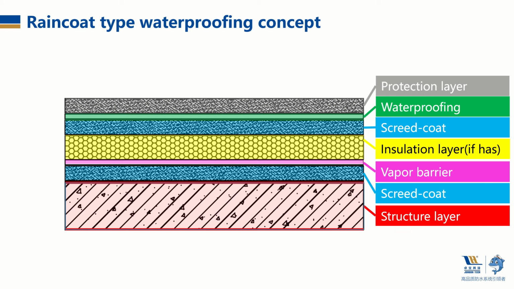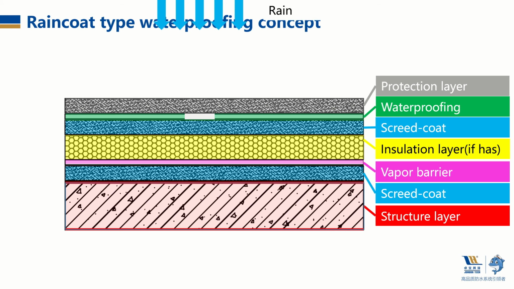Technically, the waterproofing layer can protect the structure layer very well, but actually there are many factors that cause damage to the waterproofing layer, especially the cross construction of the different processes.